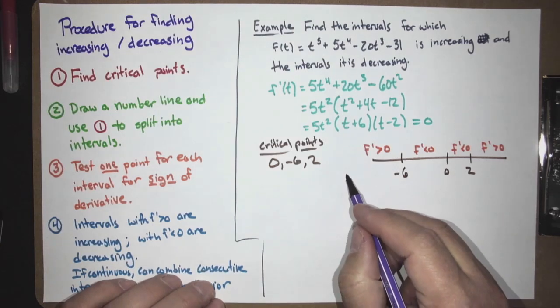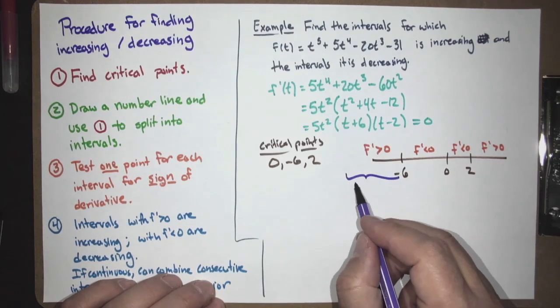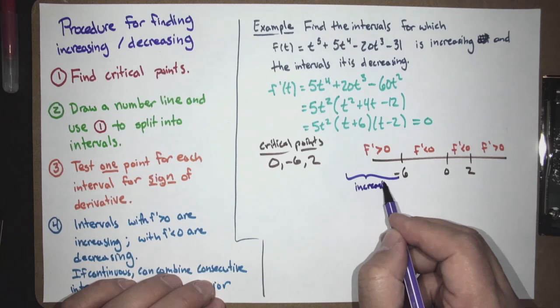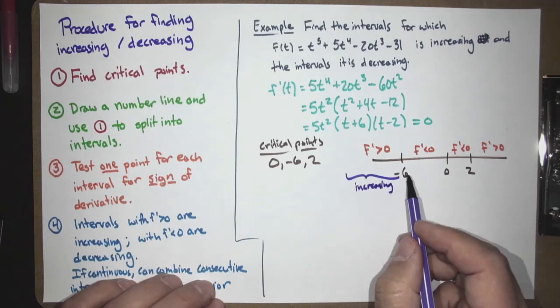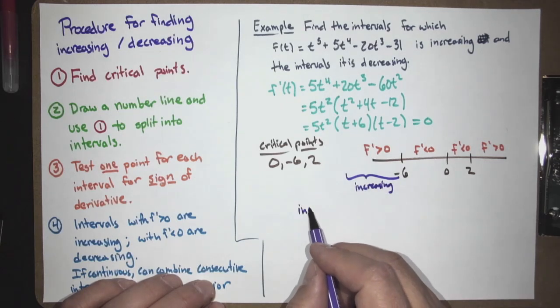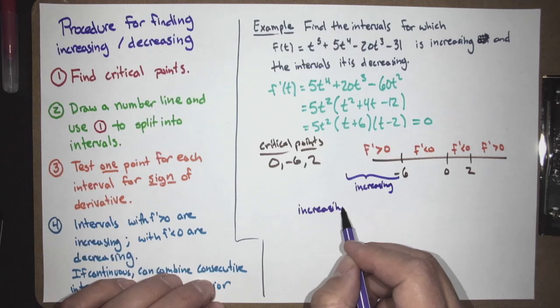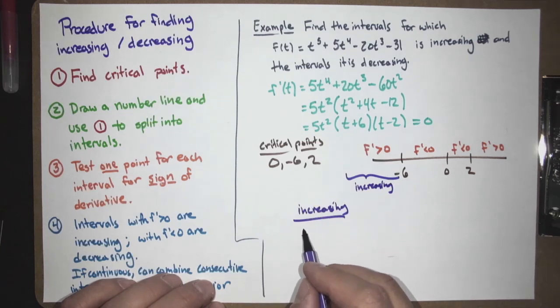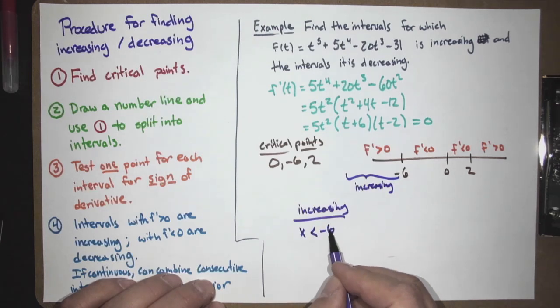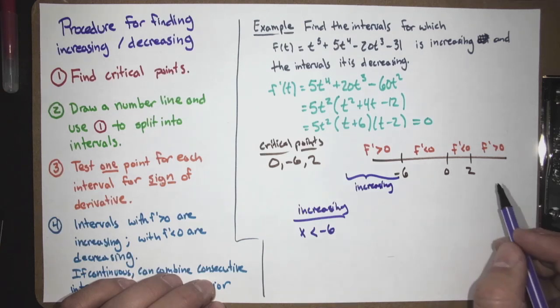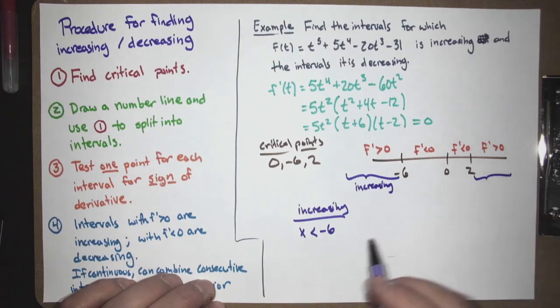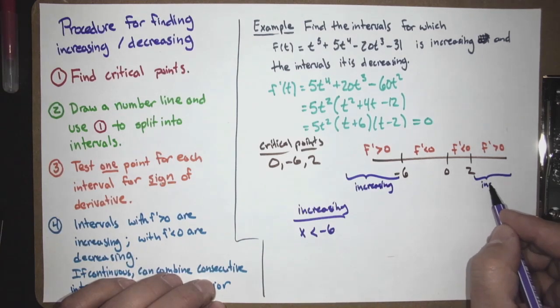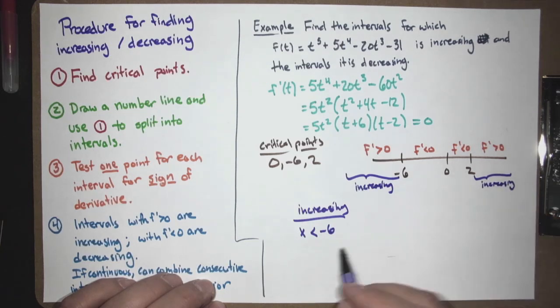We look for where the derivative is positive. Here the derivative is positive, so it's increasing up to -6. So for increasing, we have x less than -6. Anywhere else where we're increasing? From 2 up. So x greater than 2.